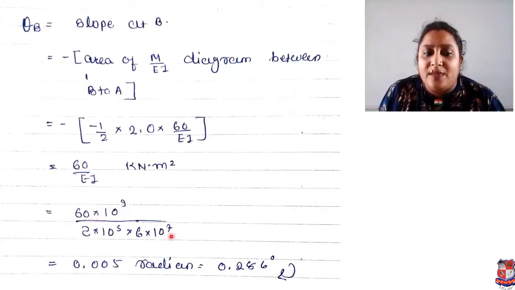And if we simplify 60 into 10 raised to 9 divided by 2 into 10 raised to 5 into 6 into 10 raised to 7, then it will be 0.005 radian, and then at last we have to convert it into degrees. So it will be 0.286 degree. Fine. So it is our final answer for theta B.